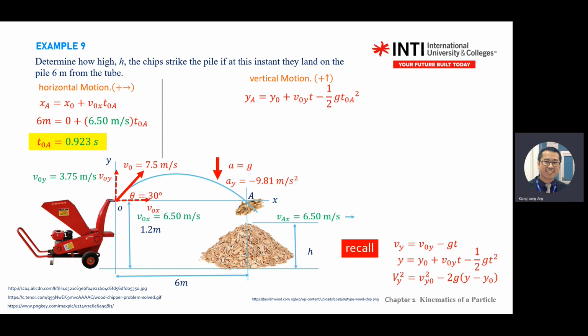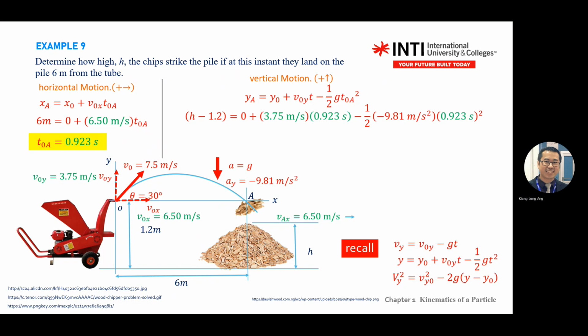So I modified the equation: y is the final y location, then the initial y location, and so on. You substitute the values that you know. As you can see on the screen, I assume h is higher than my machine, so I take h minus 1.2.